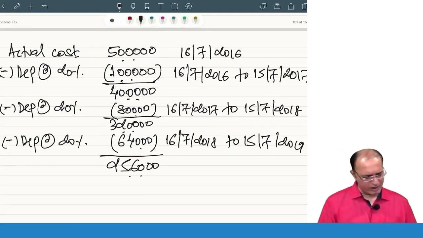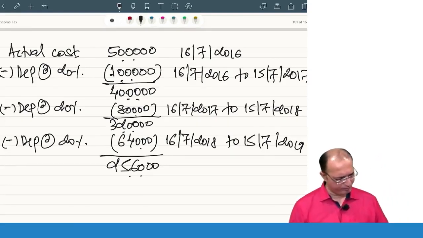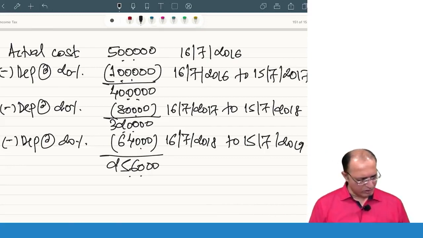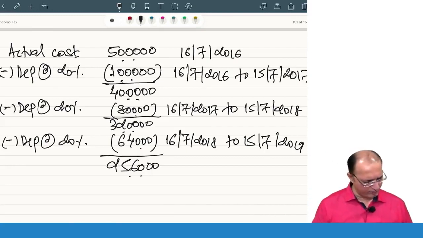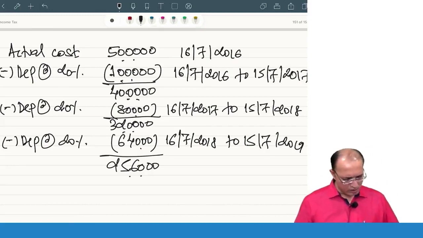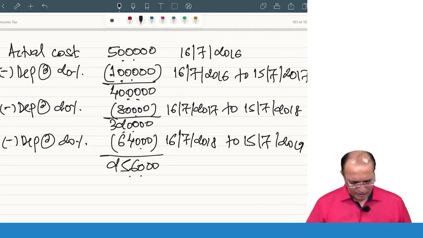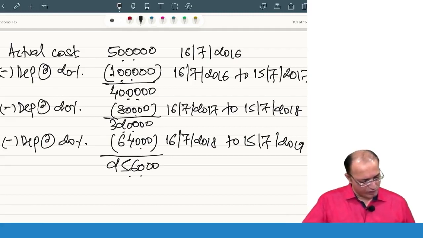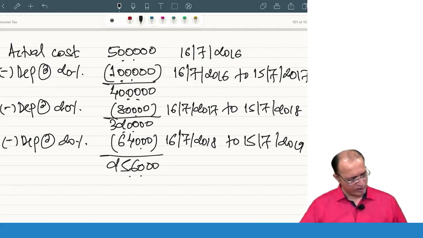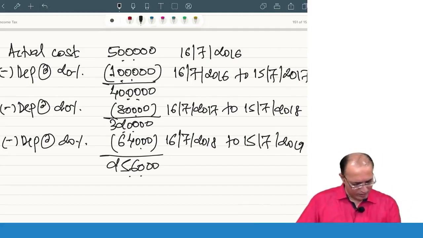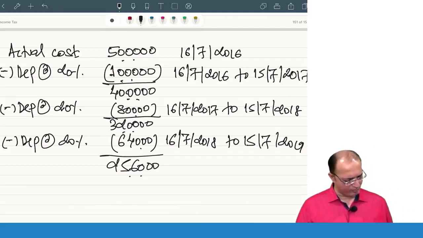Should you deduct depreciation for one more year? On which date is the asset transferred? Asset is transferred on 14th July 20. But if you take one more year, that date would be 15th July.